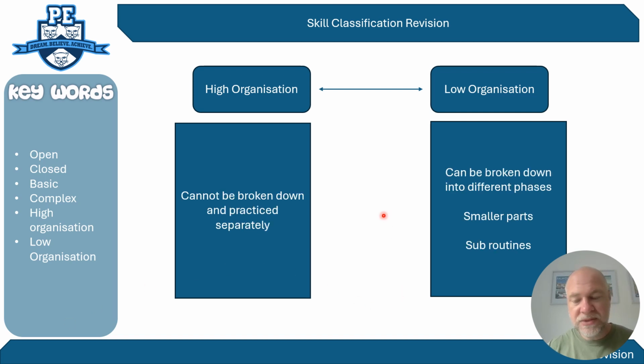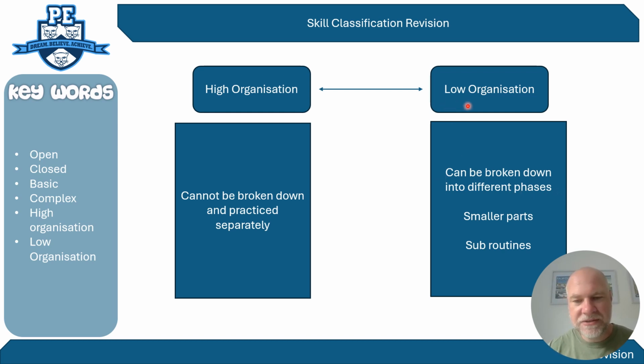Now the definitions are quite simplistic, but it's one that people tend to get confused, and they can't remember what's high organisation and what's low organisation. The only way that I really remember it is I look at low organisational skills and I think, can it be broken down into its phases?